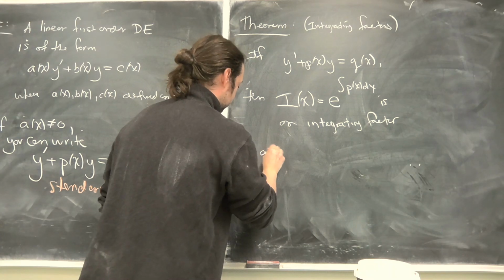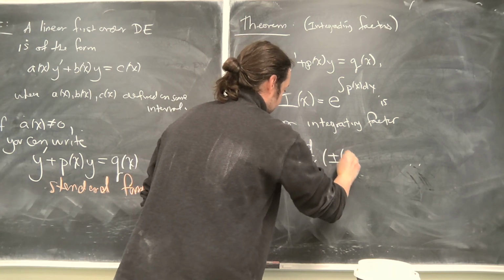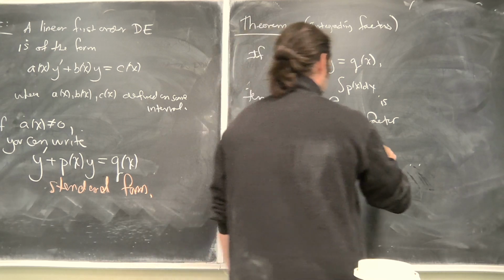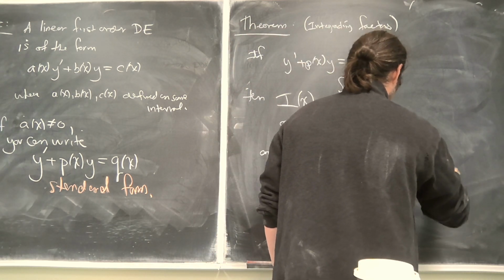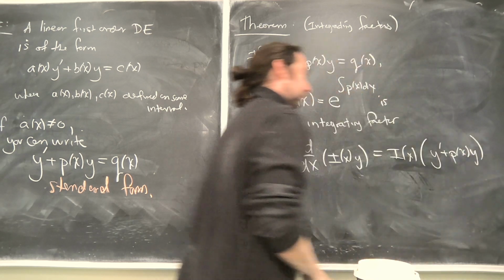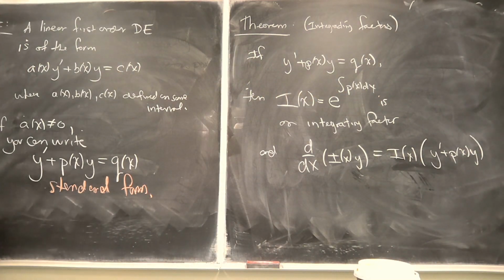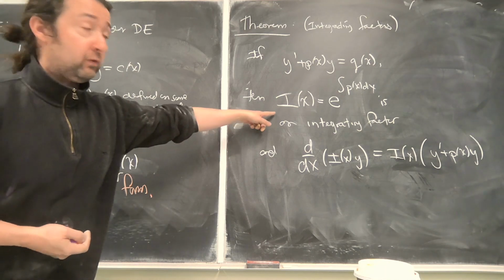And the derivative of I of x times y is equal to I of x times y prime plus p of x y. So essentially, the sine x we pulled out in the earlier problems, this is the formula where that comes from.